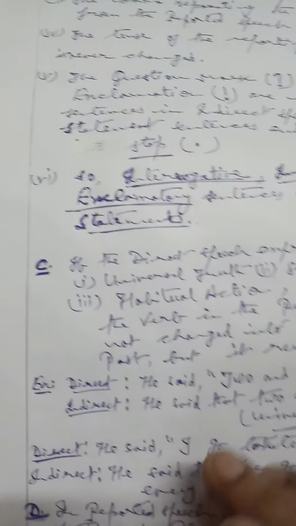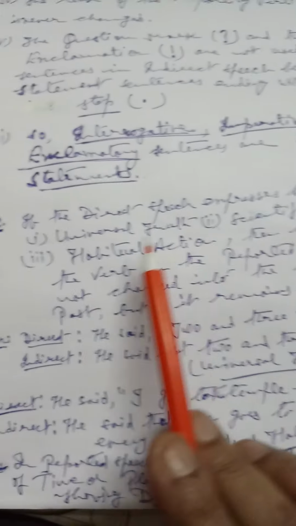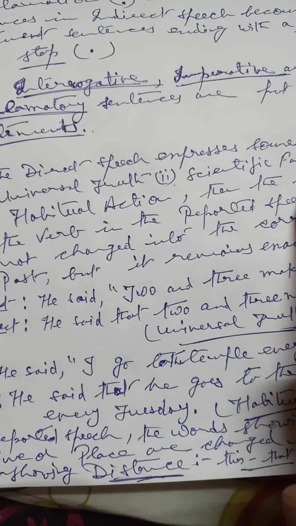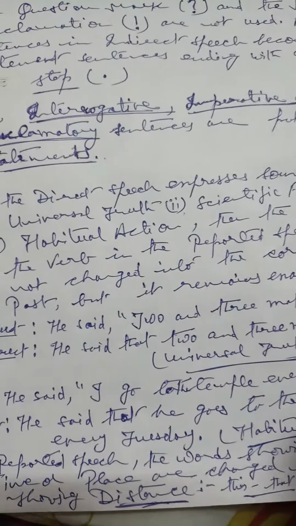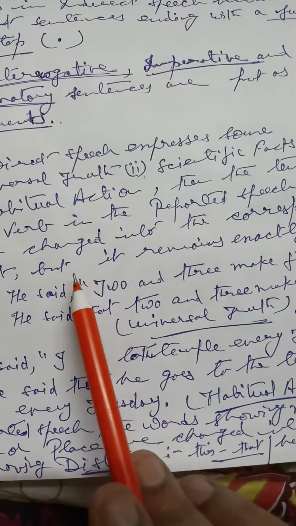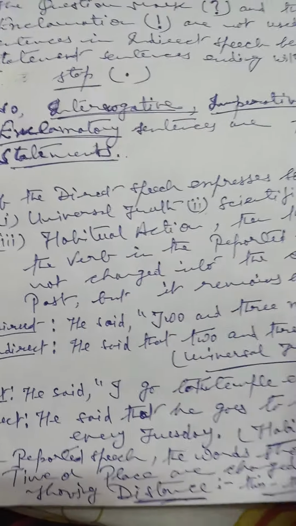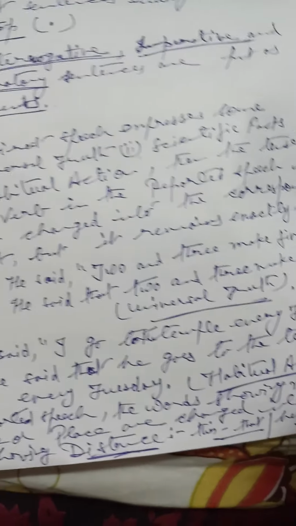Now next rule: if the direct speech expresses some universal truth, scientific fact or habitual action, then the verb in the reported speech is not changed into the corresponding past, but remains exactly the same.